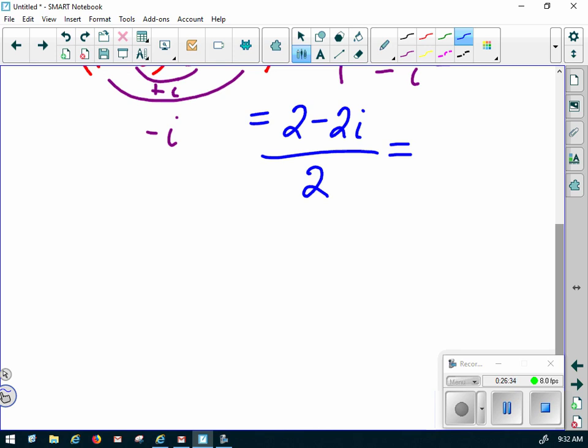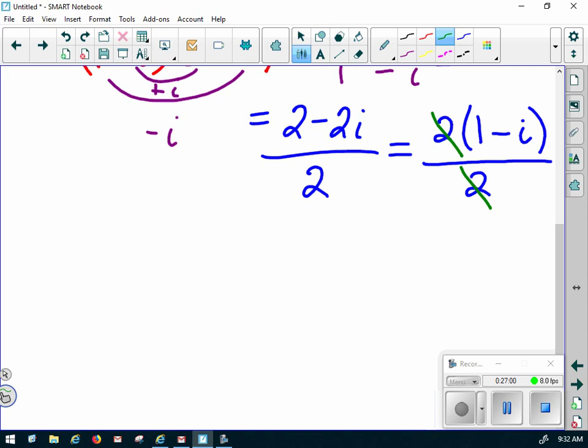If we factor a 2 out of the numerator, what are we left with? On a simple one like this, I would expect you to go on. Don't even tell me you can't look at that and tell that there's a 2 in common. 1 minus i.